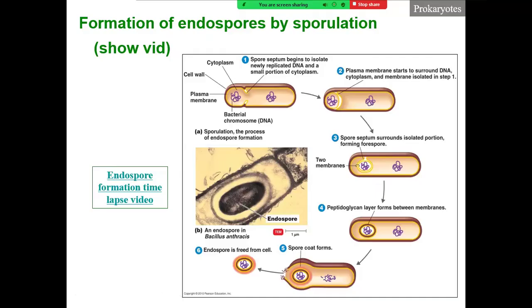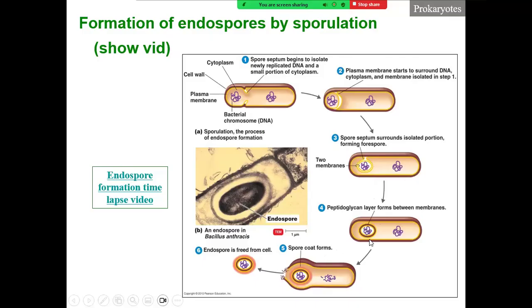All right, and then in between the double layer of the plasma membrane, meaning there's two plasma membranes literally inside this cell, you put down a peptidoglycan layer in between the two membranes.